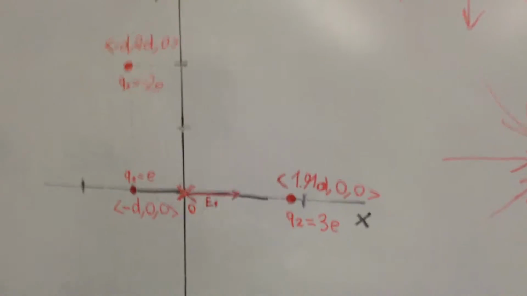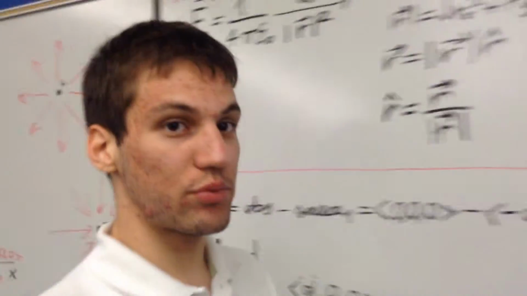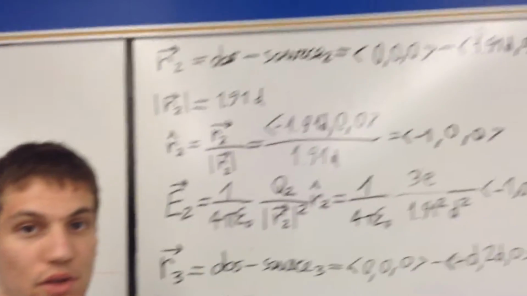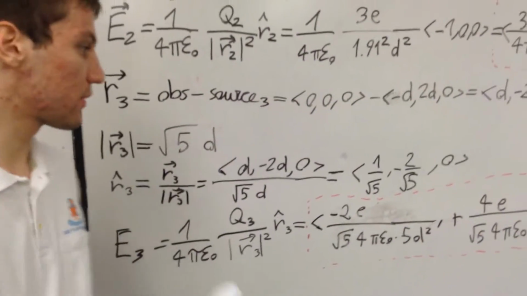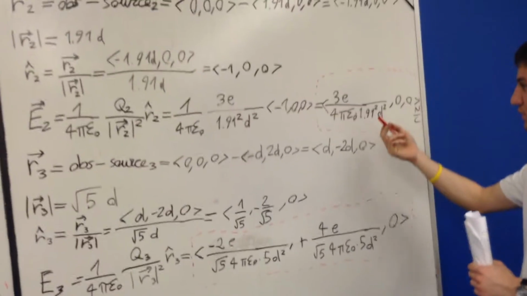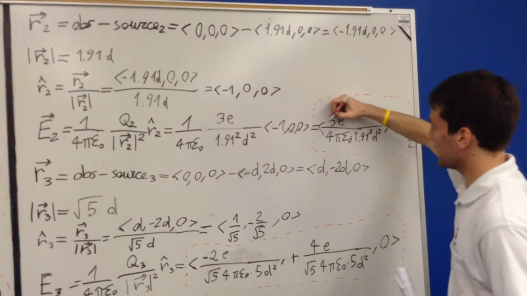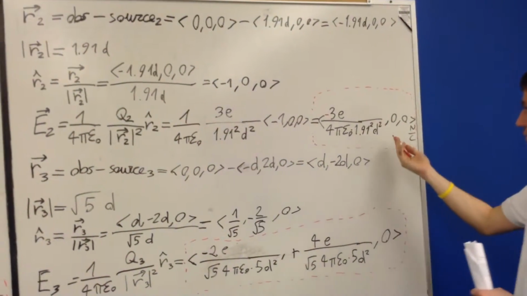Now, we will apply the same analogous procedure for Q2 and Q3. And these are all the solutions. You can notice that, excuse me, I forgot to put a sign.